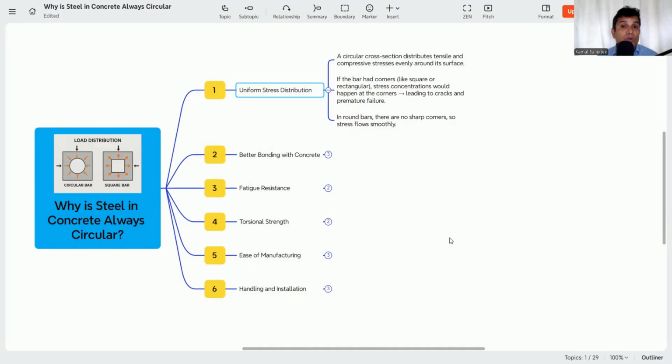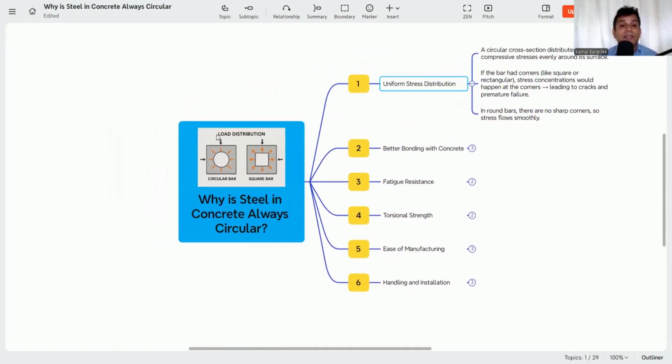So to resist the tensile stress, we use the reinforcement bar. Now the distribution of load needs to be very uniform, because the tensile stress carried by the reinforcement should be very uniform. So the circular cross section distributes tensile and compression stress evenly around the surface.